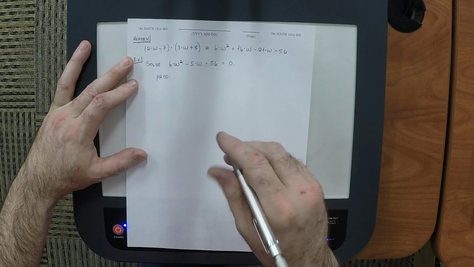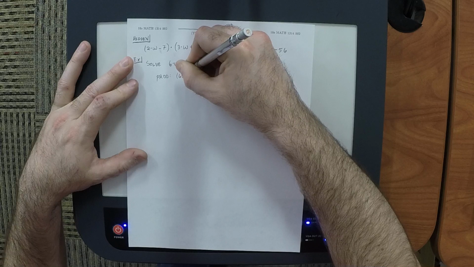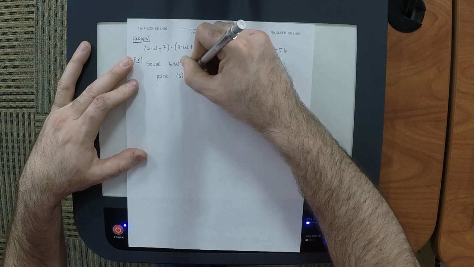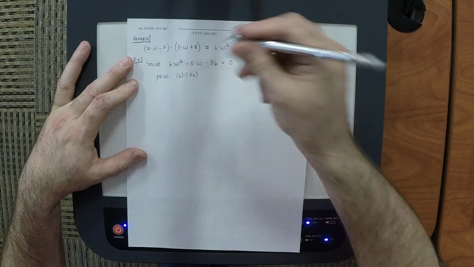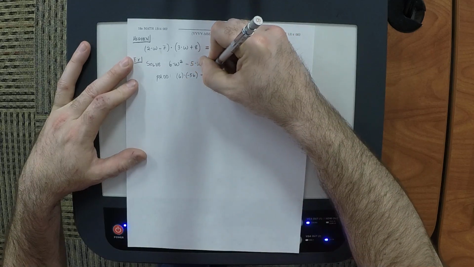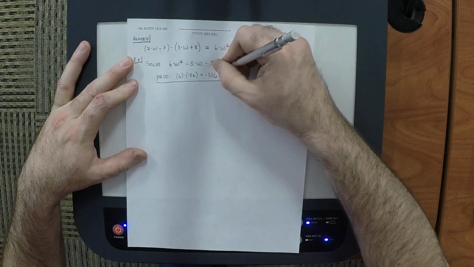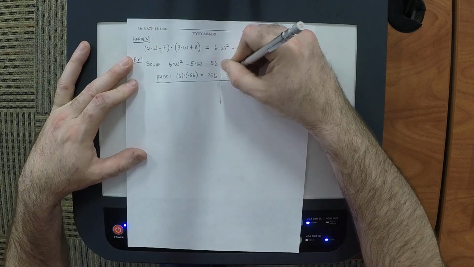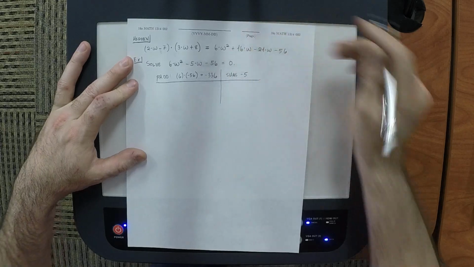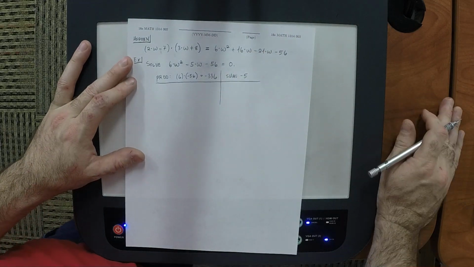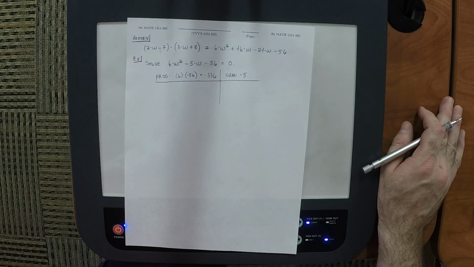So 6 times negative 56, which is negative 336. And what do we want the sum to be? Negative 5. Okay, so this is like a seek and find.